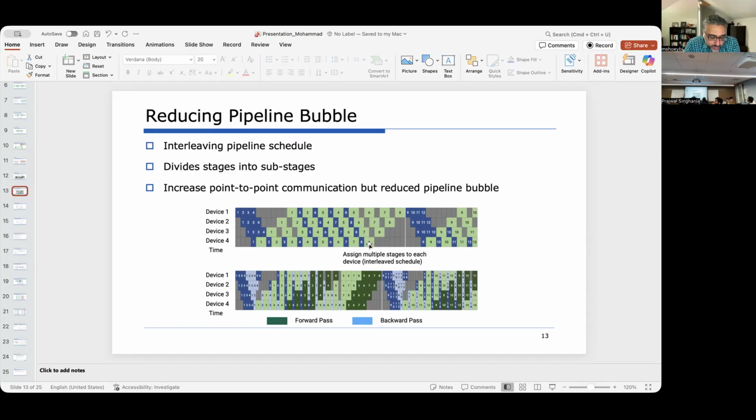Now, we were really thinking, what can we do in those cases? And then we came up with this idea: if we increase the number of pipeline stages while keeping the number of micro batches constant, that is going to reduce the pipeline bubble. But increasing the number of pipeline stages actually means more communication, because the chunks of layers that were together on one GPU are now split up.